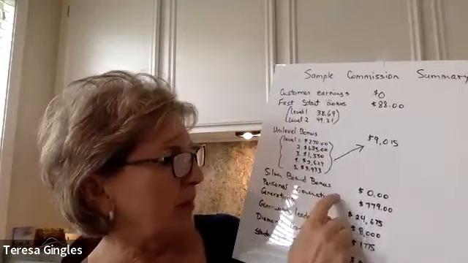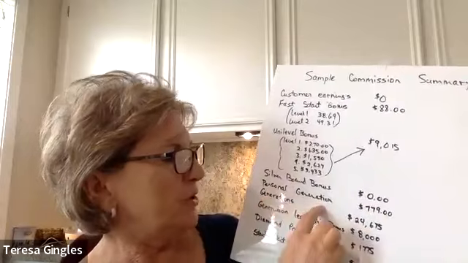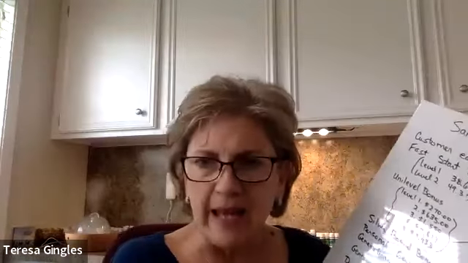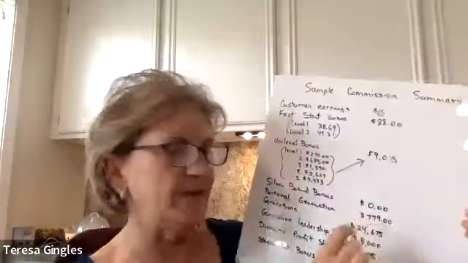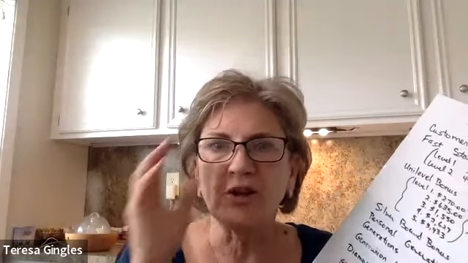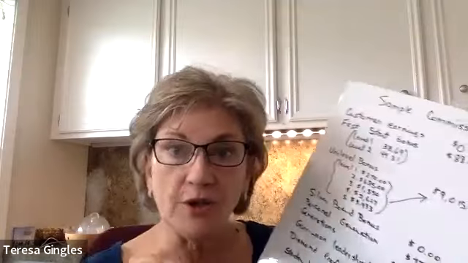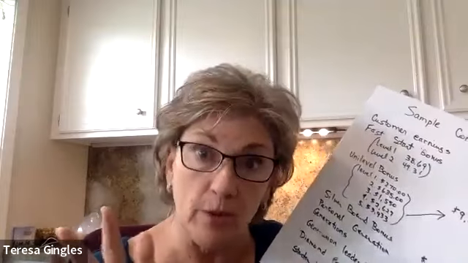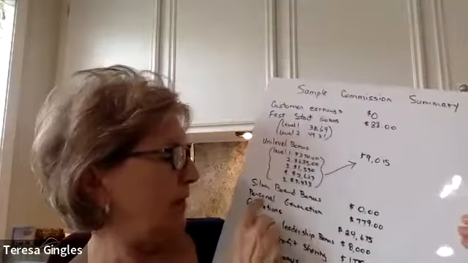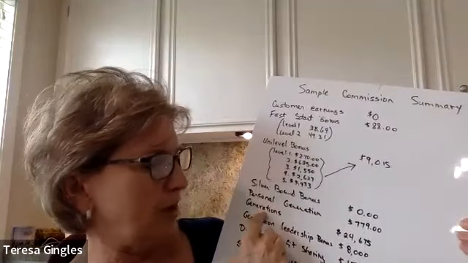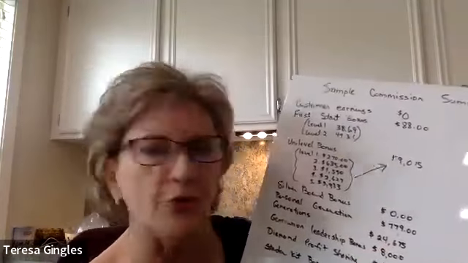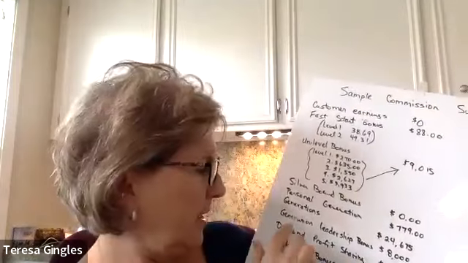Then it has silver bound bonus, 0. Personal generation, this is big. Personal generation is $779. This is a word you're going to want to remember. Anything that talks about generations, you're going to want to remember, because that's where the real money kicks in. So we have personal generation, then we have generations, $24,675.